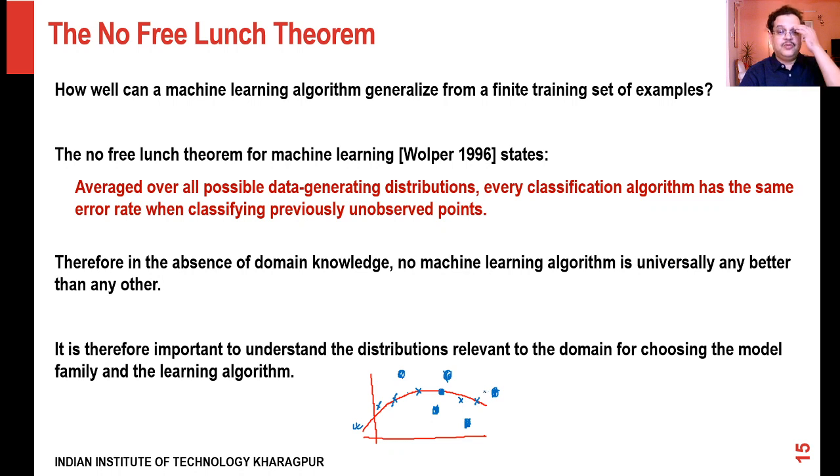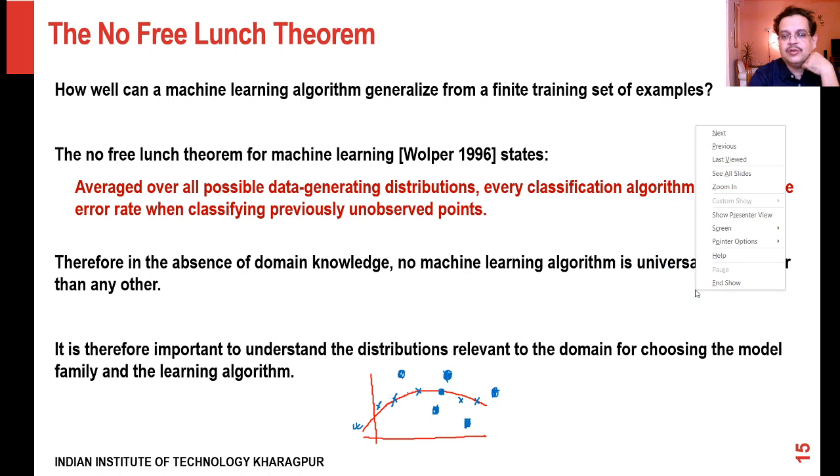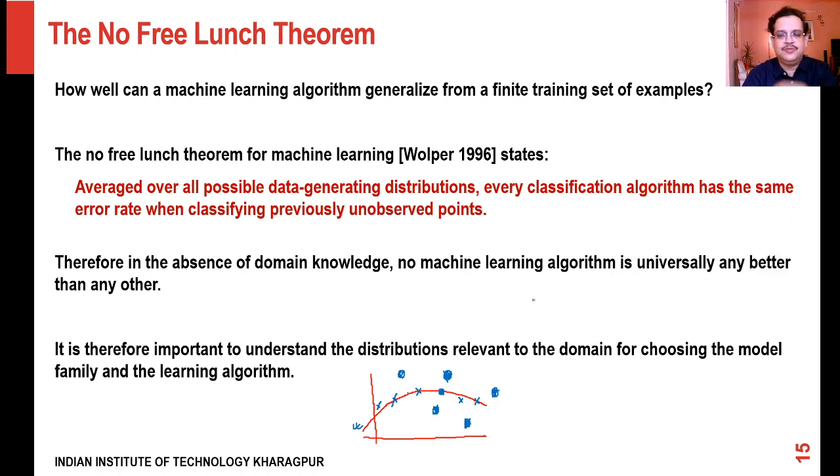Now if these points were not there in the original data, but then they show up later, then we realize that this is not a good fit anymore, because I did not know that such points could exist. So I found that previous function, the red one, to be fitting it quite nicely. But now with this new information, maybe something like this would be a better fit.